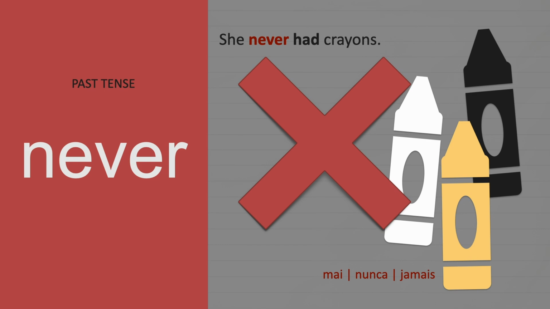All right, one more. How would you say this in the future tense? Pam will never have crayons.